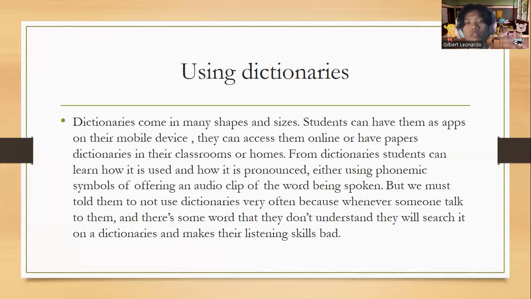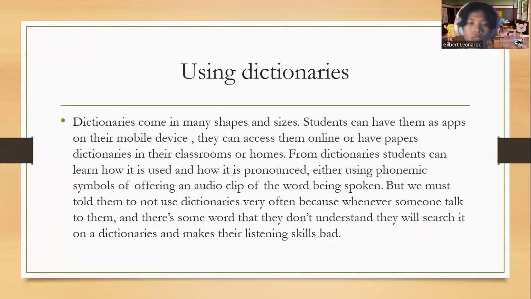Because whenever, let's say there's a foreigner trying to talk with your students, and asking about a direction, but your student is incapable of providing the answer.